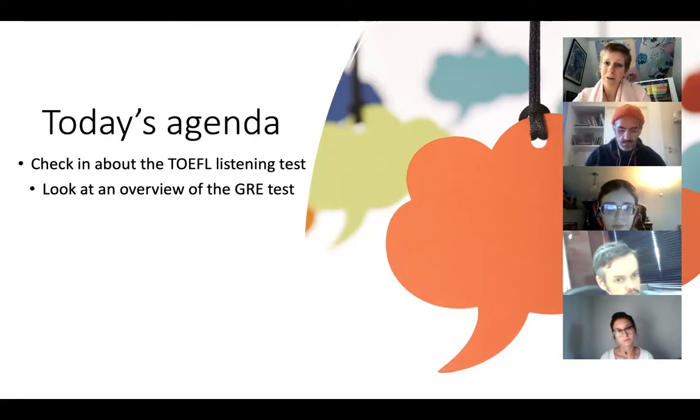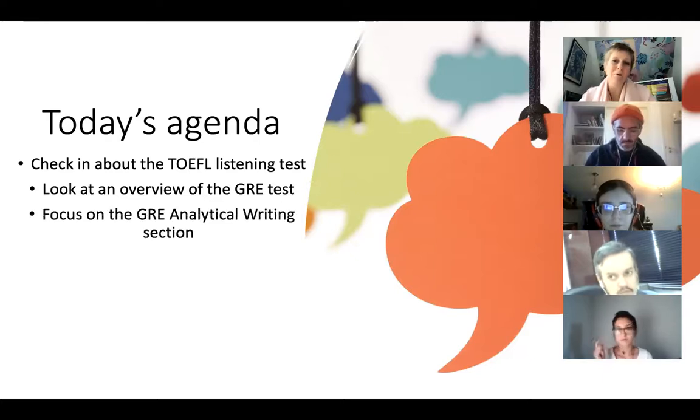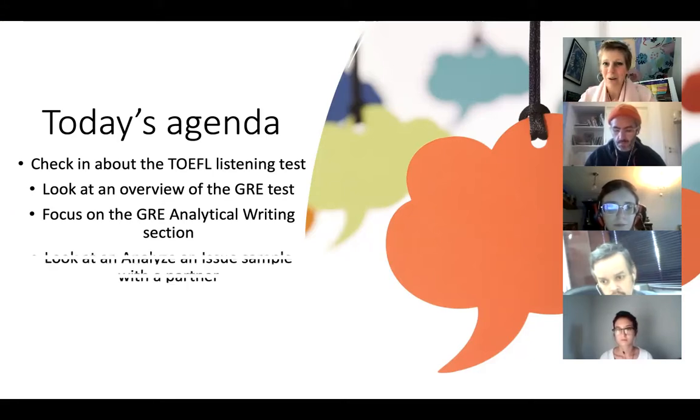We're going to talk about what the big test is like, and then we're going to focus on the analytical writing section. So this is hopefully going to be our focus for the next couple of classes, and I hope to give you some information about it and also give you the chance to look at a sample or an example with your partner today, okay?